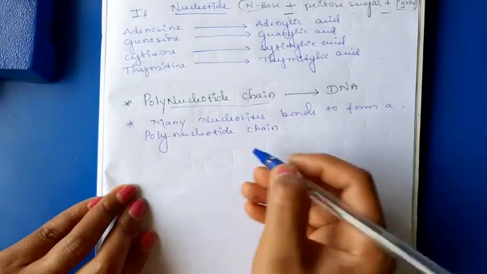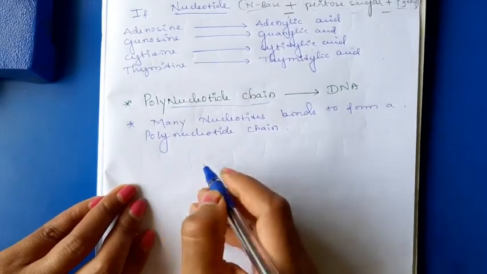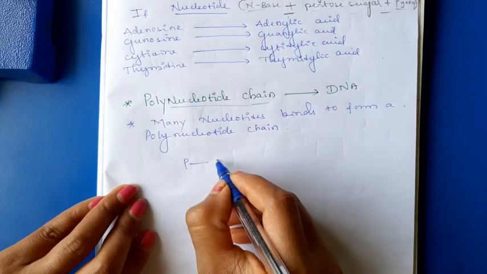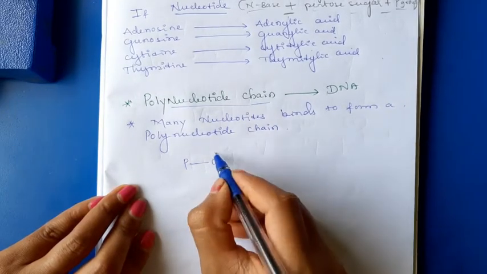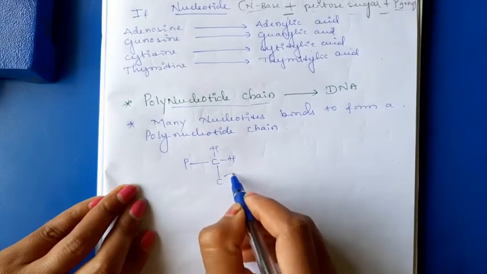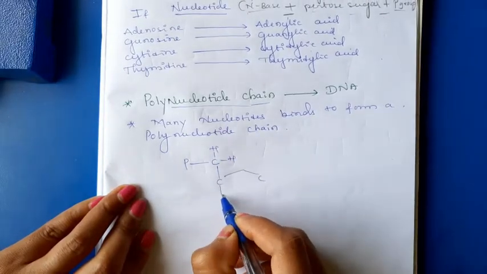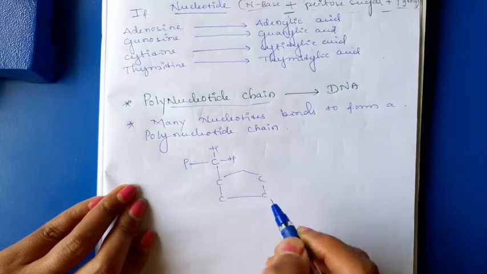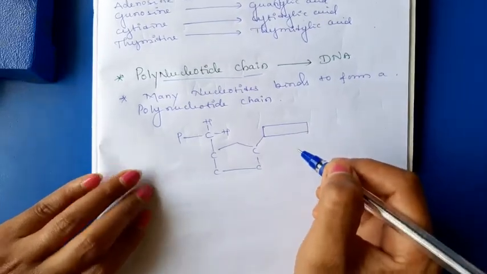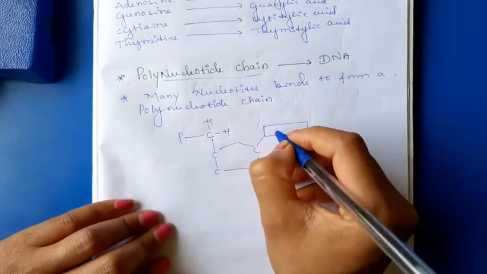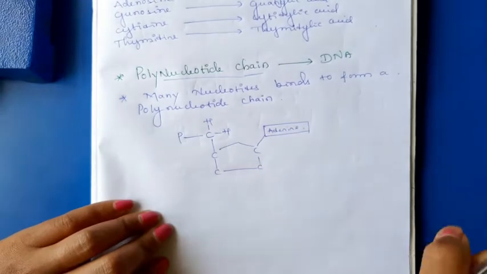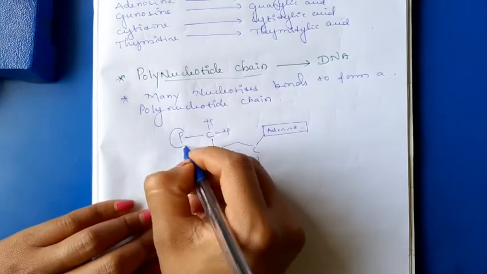Here we already discussed that the phosphate group is attached with the 5th carbon atom of the pentose sugar. The nitrogen base is attached with the 1st carbon atom of the pentose sugar. Here I will take adenine. Okay. Then this is the phosphate group.